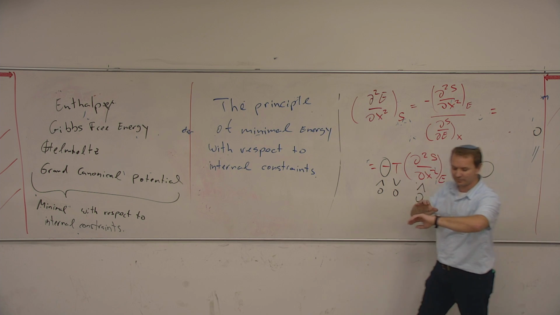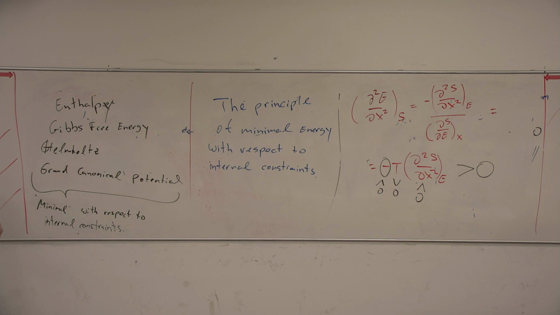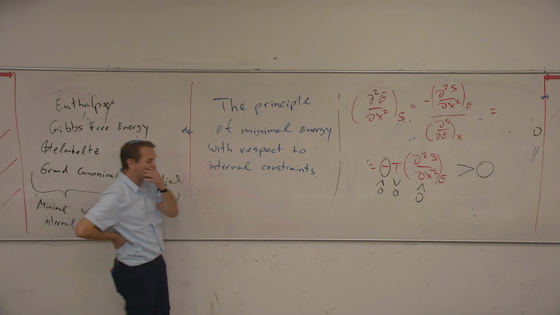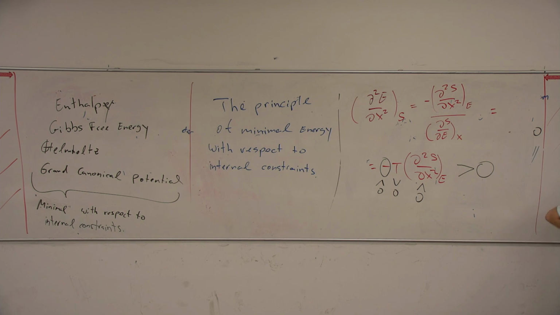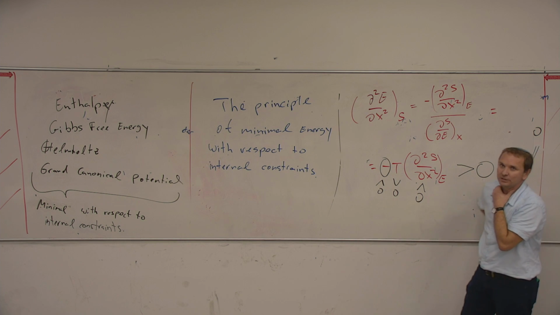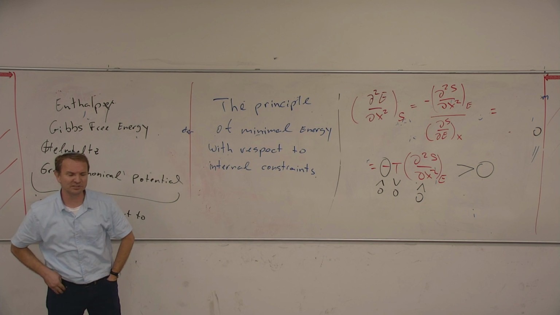So what we have done in the last 40 minutes or so: we stated something, or he hypothesized something, about the adiabatic process. Then we concluded that the energy must be minimal with respect to internal constraints.